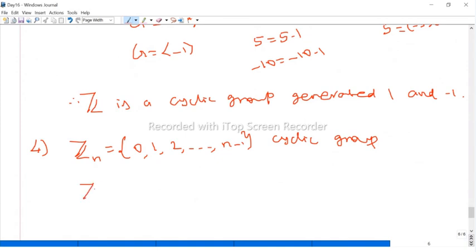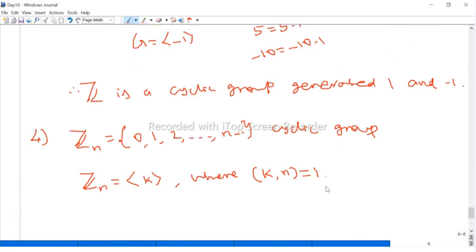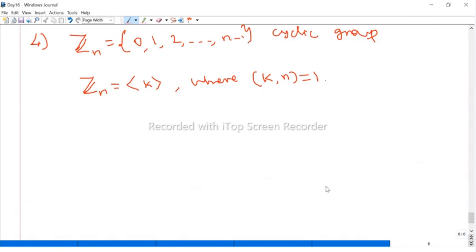Zn is generated by K, where K satisfies the condition GCD of K comma n is 1. If GCD of K comma n is 1, then K is a generator. What is the condition on K? K always lies between 1 and n.